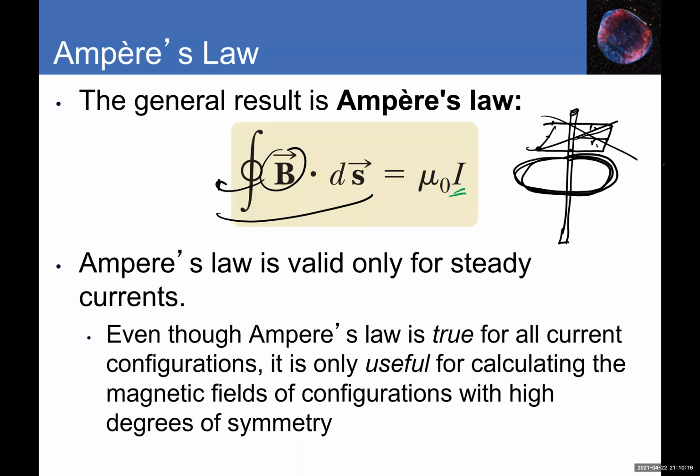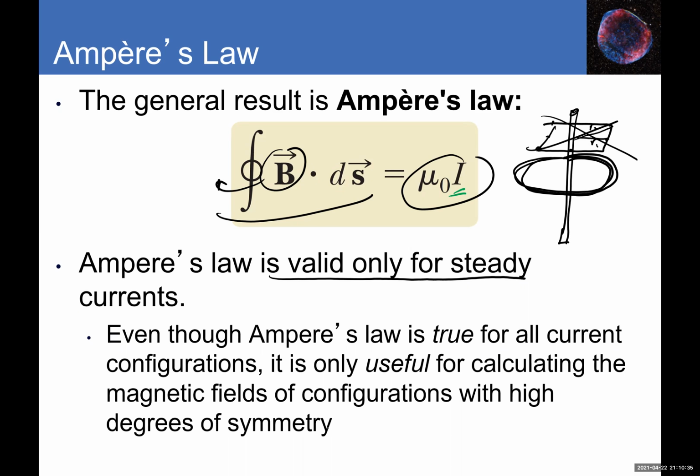All right, so that's why Ampere's law is valid only for a steady current, assuming this is not a time-varying current. Even though Ampere's law is true for all current configurations, it is only useful for calculating the magnetic fields of configurations with high degrees of symmetry.